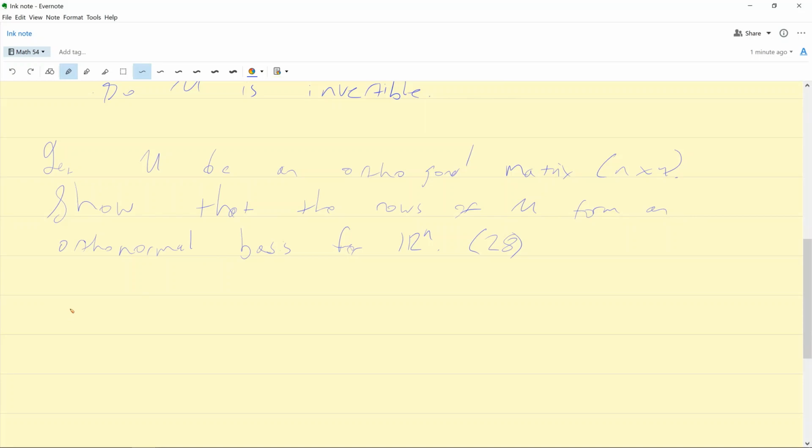If we know that U is orthogonal, we have a theorem that tells us that the inverse of U is equal to its transpose.